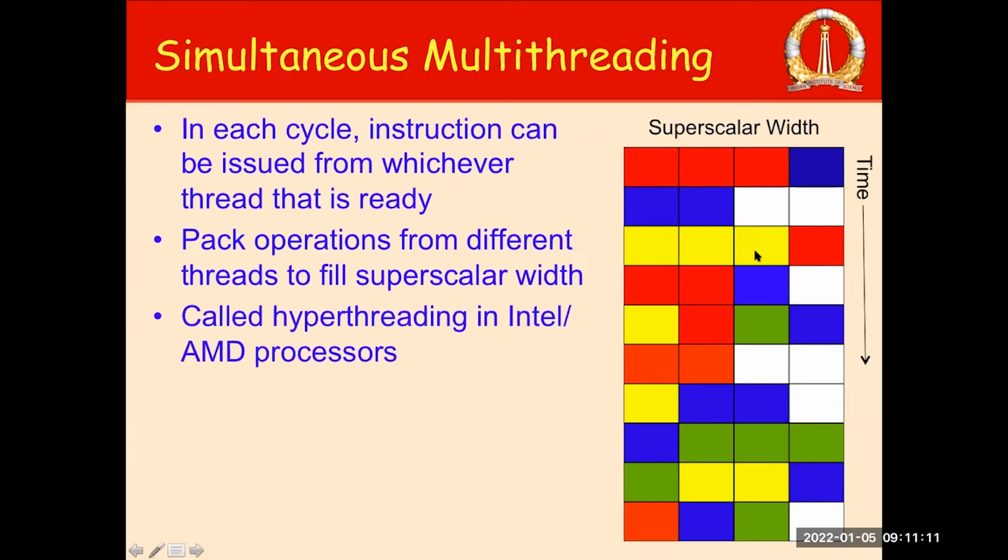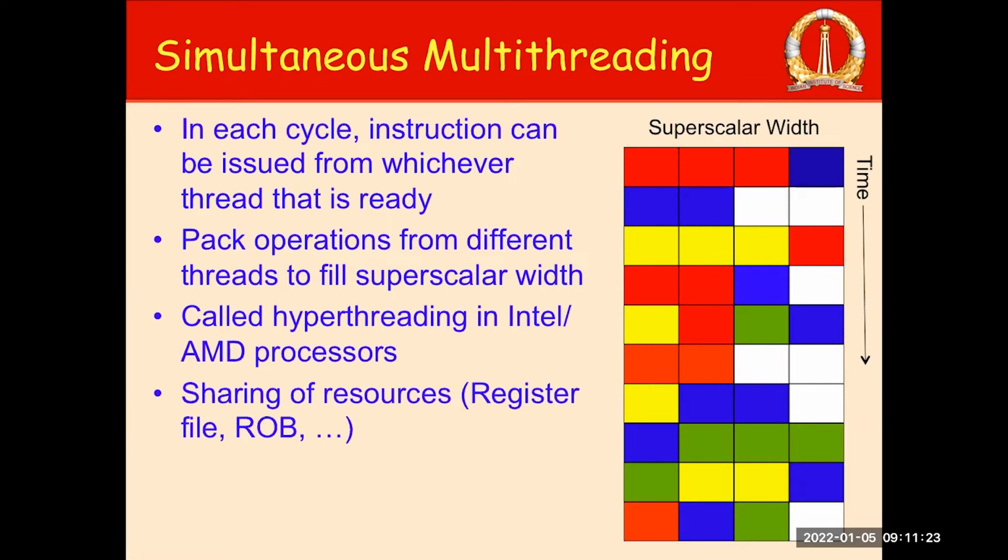Simultaneous multi-threading, or a variant of it, is what is known as hyper-threading in Intel and AMD processors. There are some complications with regard to sharing of the register files and ROBs and things like that, but we will not get into those details here.